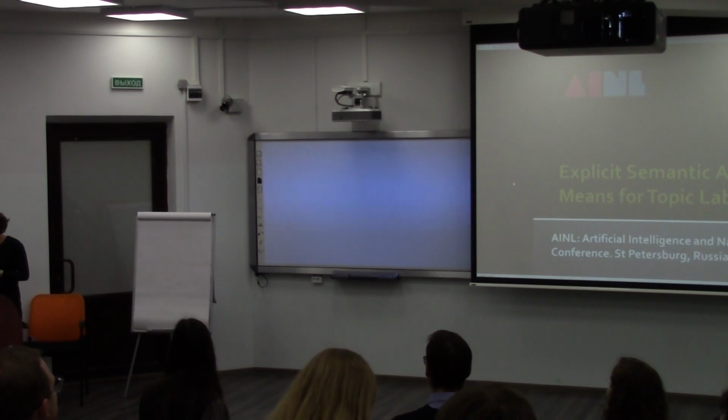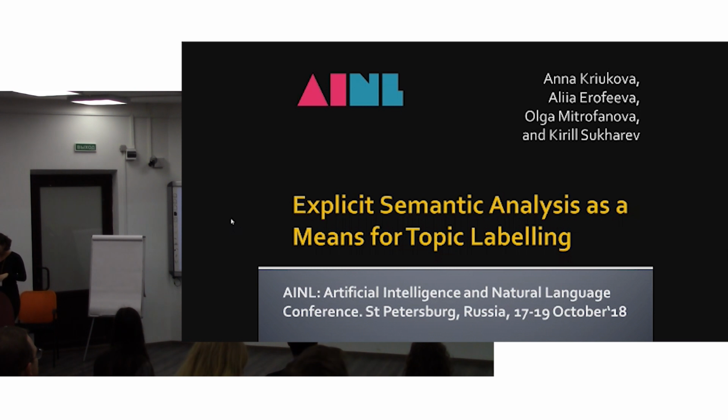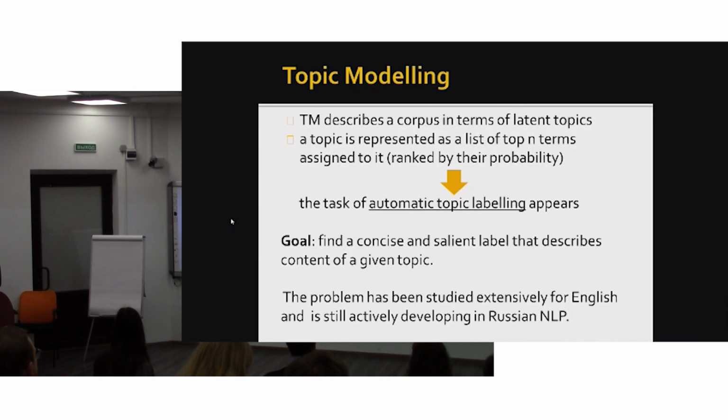My talk is dedicated to the automatic means of topic labeling. As we all know, topic modeling describes a corpus in terms of latent topics in it. A topic is usually represented as a list of top words that got the highest probability.